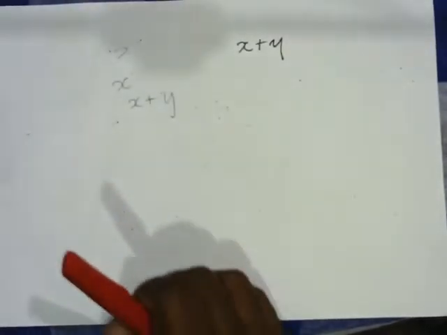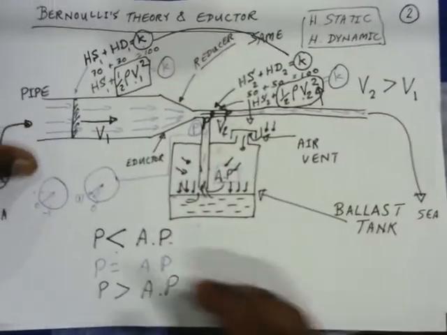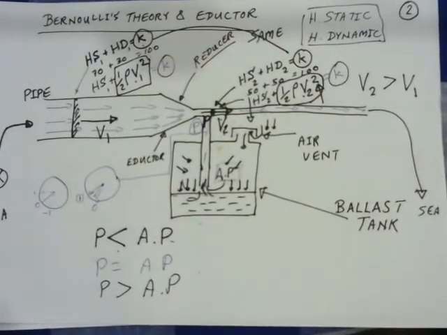Of course, you can find the eductor system in bulk carriers. For example, when you are stripping the tanks, the eductor system is used because you don't have to prime the system. The priming is not required, right?